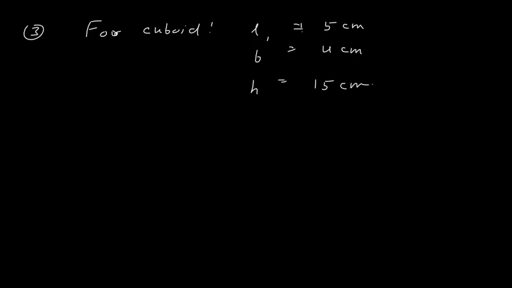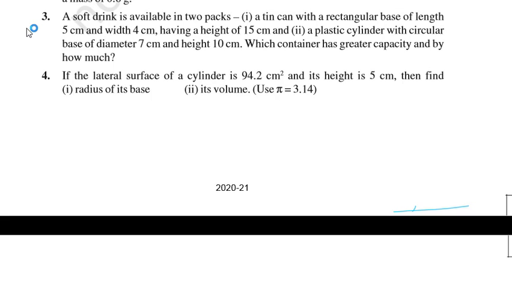This is for cuboid. And for cylinder we have radius and height. So radius is 7 and height is 10. Which container has a greater capacity and by how much?